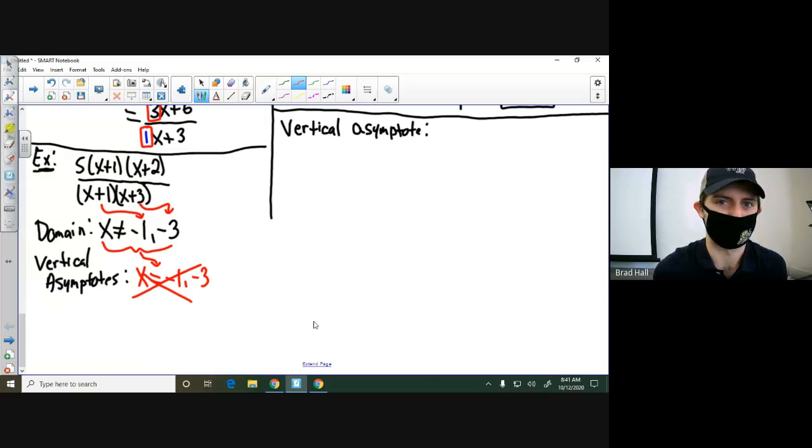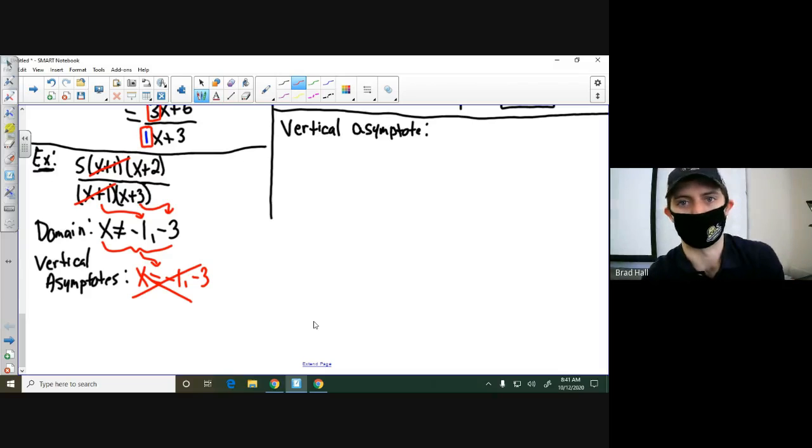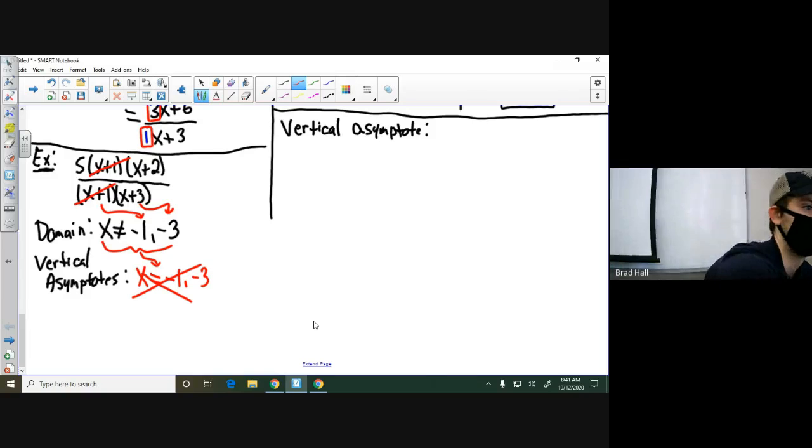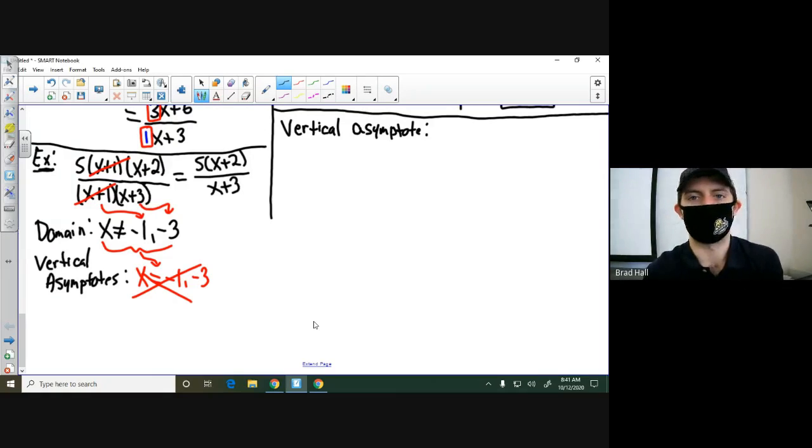And so what does that mean? Notice in the problem that I wrote down here, the x plus 1's cancel. So guess what we just did with the x plus 1? We removed it. So that's a removable discontinuity. And what happens with a removable discontinuity is that for that value you just removed the asymptote.